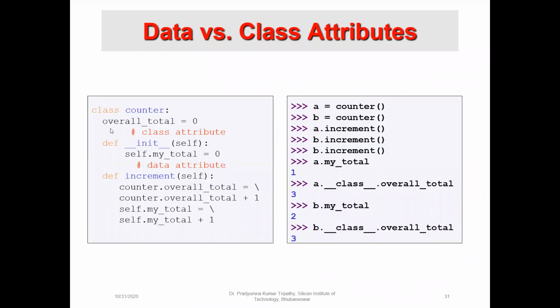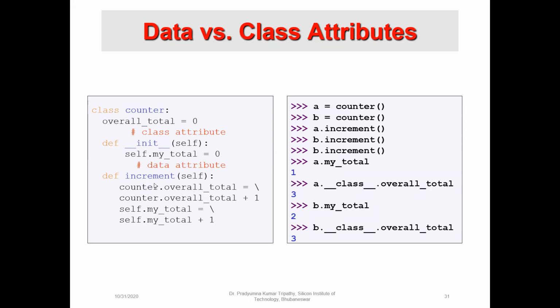You can see over here, overall total is the class attribute, whereas my total is a what? Data member or data attribute. So increment is incrementing the overall total: Counter.overall_total equals Counter.overall_total plus 1.